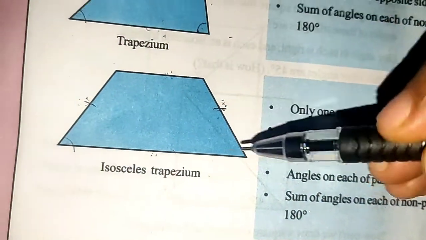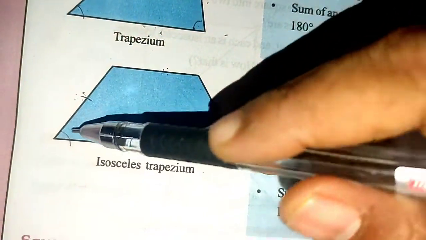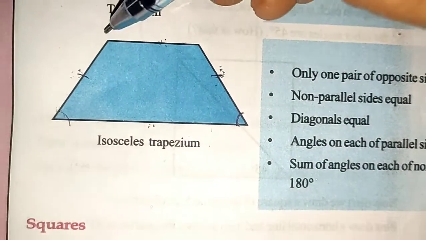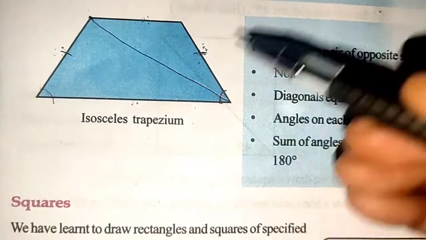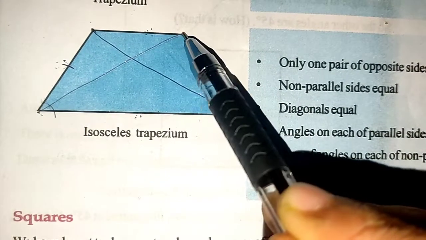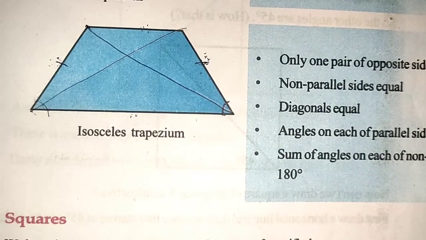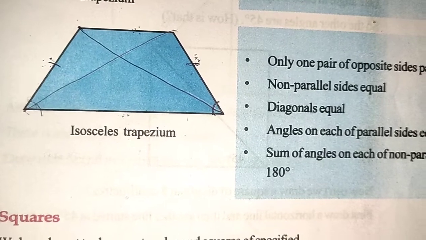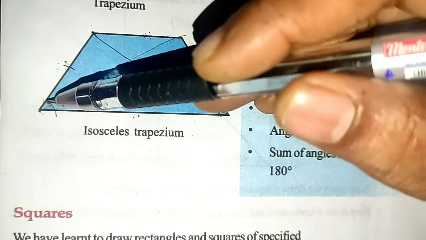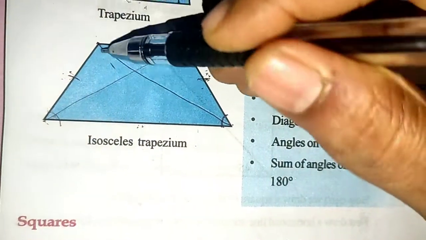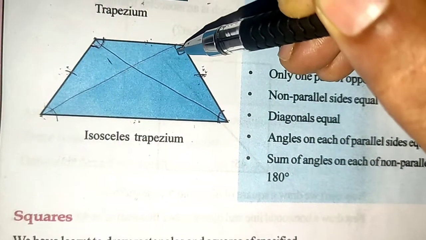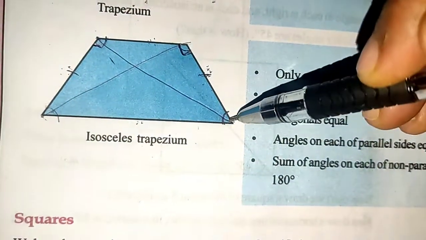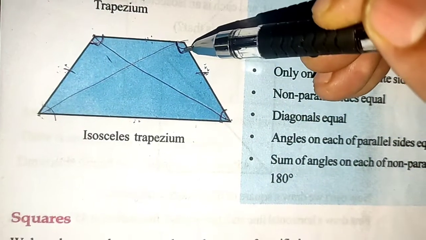And one more thing, these two angles are equal. That means the base angles are equal for an isosceles trapezium. And one more thing, children, the diagonals are equal. Then the angles on each of the parallel sides are equal, that means these two angles are equal, and similarly these two angles are equal.